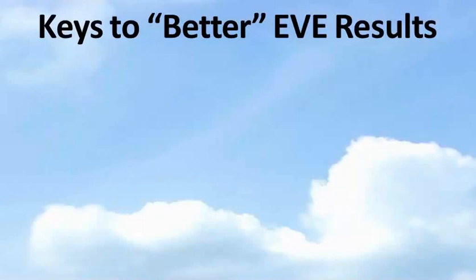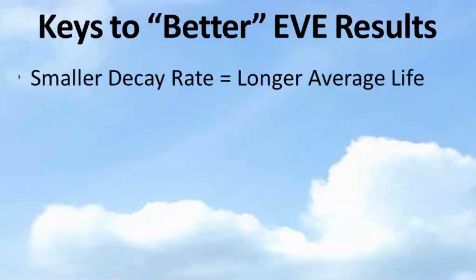Because so many of you were interested in what you can do to improve your reported EVE results, I thought it'd be a good idea to go over some of the basics on how changes in decay rates and betas are going to, generally speaking, all things equal, impact your EVE results. A smaller decay rate means a longer average life.